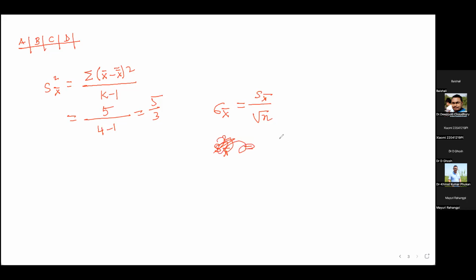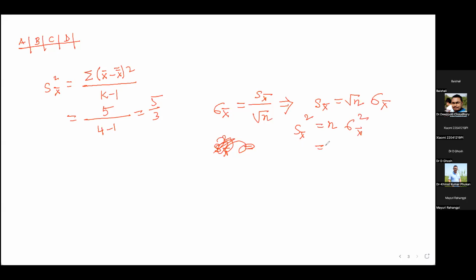So we are going to calculate this value as Sx bar equal to square root of n into sigma x bar. I am just transforming this part, and when I make a square of it, it takes its observation as this much.